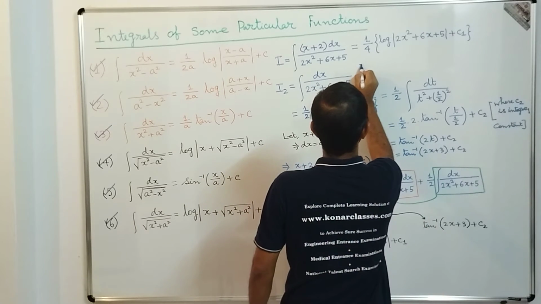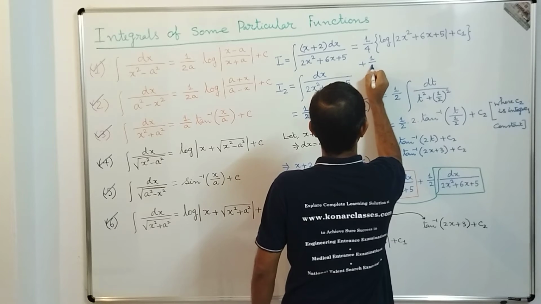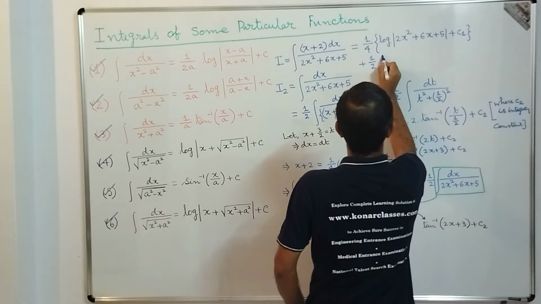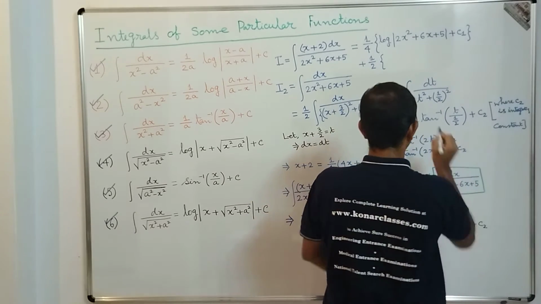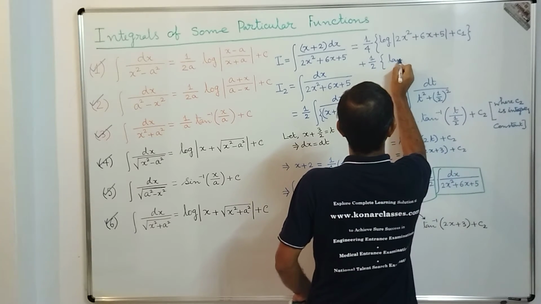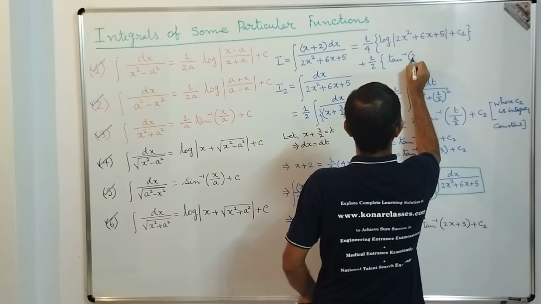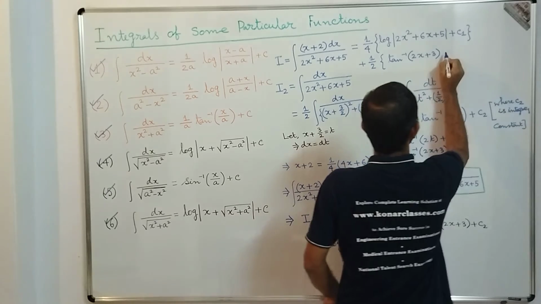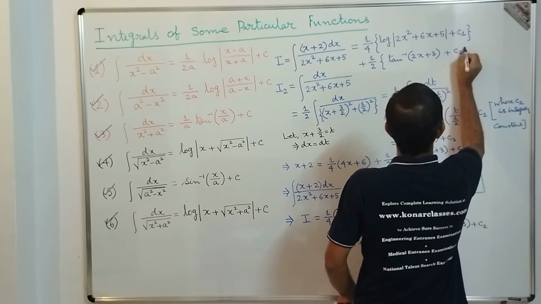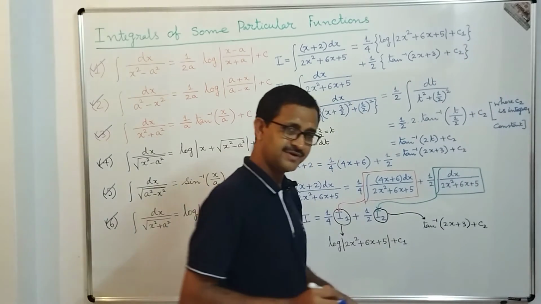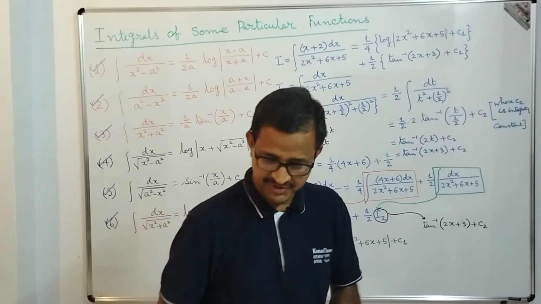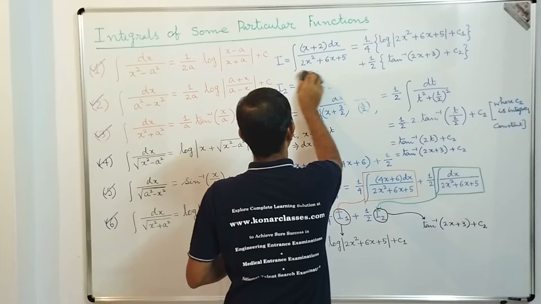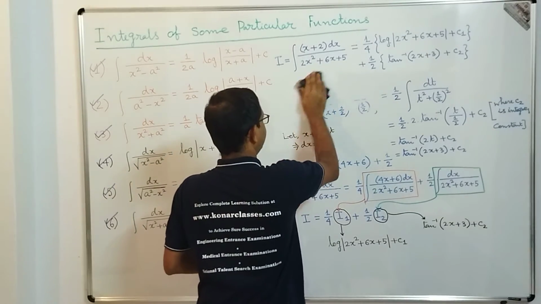So plus 1 by 2 into I2 is what? That is equal to tan inverse of 2x plus 3 plus c2, correct. Now what we can do, dear students, is that we can simplify a little bit here. So let me clean this particular portion and let's do it.